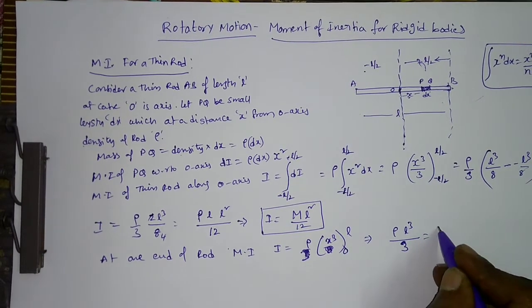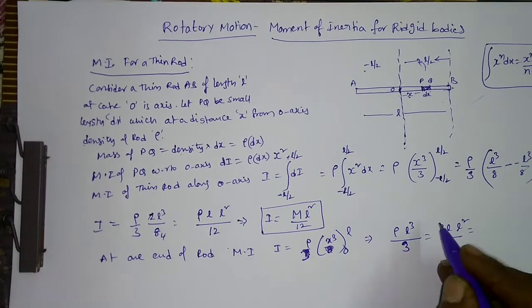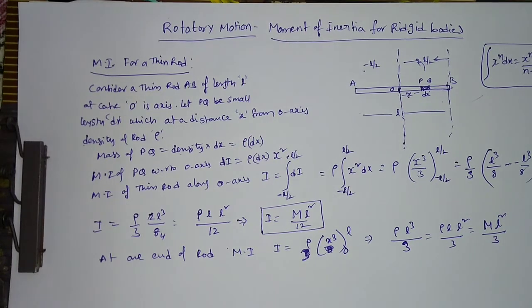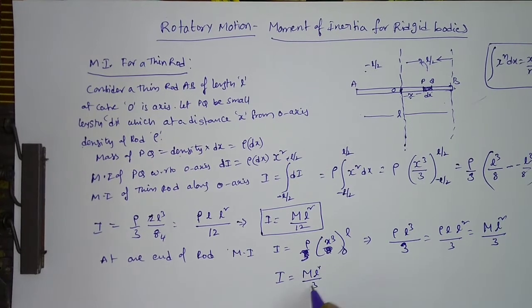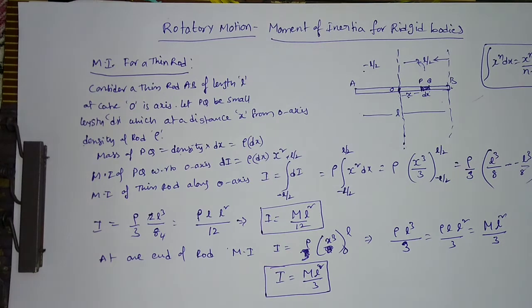As we know, rho L into L square by 3, or simply rho into L is nothing but capital M. You can write simply ML square by 3. At one end, the moment of inertia I is equal to ML square by 3. Here I am neglecting the breadth, because I am using a thin rod. So this is for the thin rod.